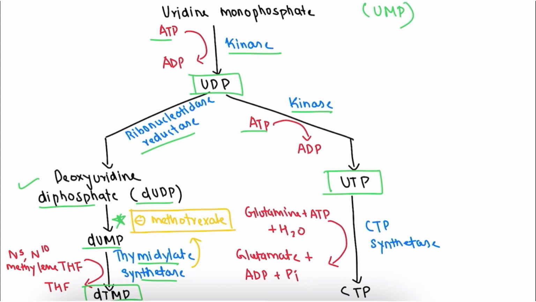And you can also memorize this N5,N10 methylene THF gets converted into THF, and in this the UTP gets converted into CTP. CTP is the final product, cytidine triphosphate, in presence of enzyme CTP synthetase, glutamine, ATP and H2O, which get converted into glutamate, ADP and inorganic phosphate. So the end products are dTMP and CTP, that is cytidine triphosphate.